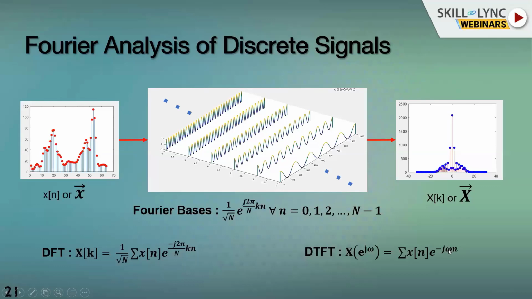Here also omega represents the digital frequency, and if we change omega to omega plus 2 pi, the expression remains the same. So in the discrete domain, we have frequencies only from 0 to 2 pi or minus pi to pi, because after that the frequencies start to repeat themselves.